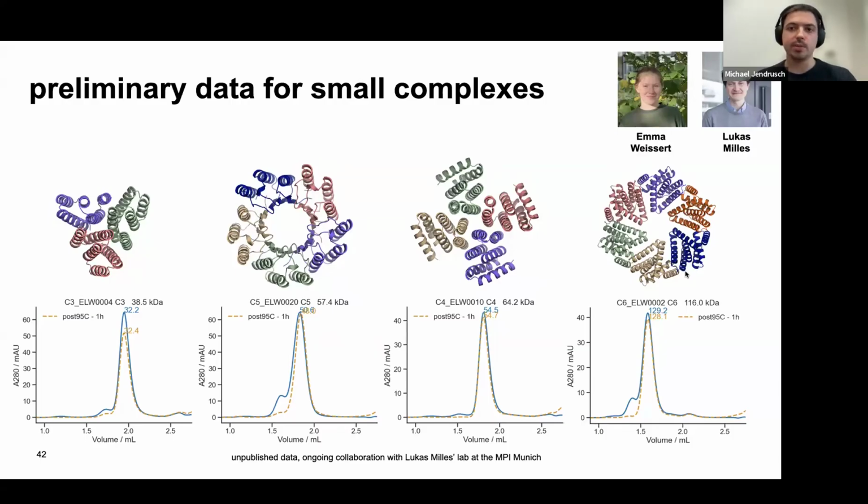Because we designed symmetric assemblies, we know what size the monomer should run at in size exclusion chromatography, and we know what size the complex should run at.